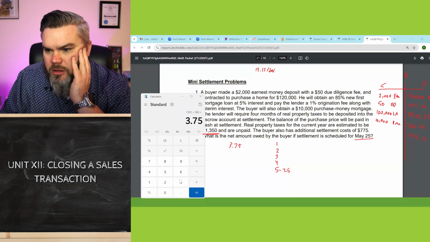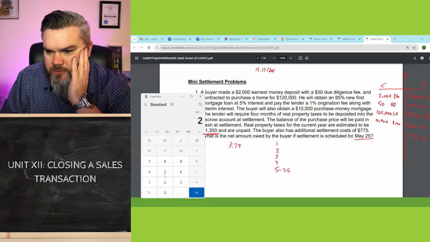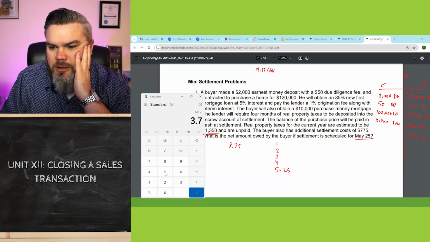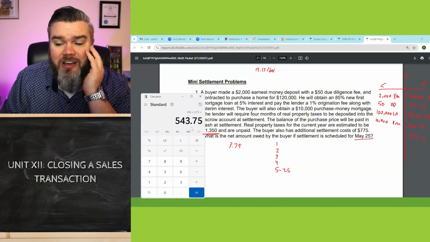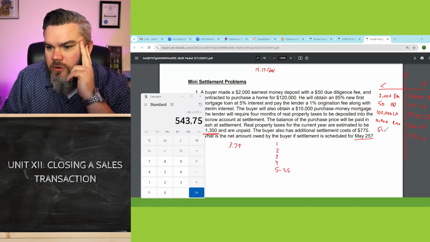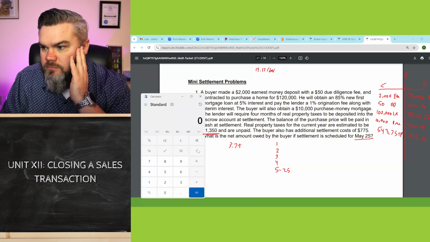And then it's going to be 30 days times 4 for January, February, March, April, plus 25 days for May. 145 days the seller's responsible for times your $375 a day. So this would be a seller debit of $543.75, buyer credit. We're only looking at the buyer, so we're going to give the buyer a credit of $543.75 for tax prorations.